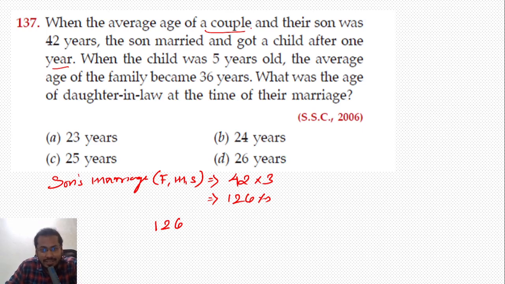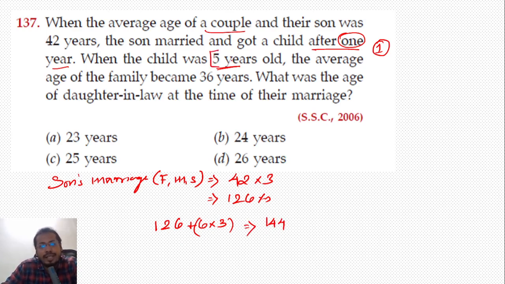Before that 5 years, 1 year, the child was born. Okay, one year, child after 1 year. So 1 plus 5 is 6. Okay, so into 6. 6 into 3. Inside that there are 3 persons. So up to when the child got 5 years, I am going to find out what it would have been. Okay, so 6 into 3 is 18. 18 plus 126 is what? 144. Okay? This is up to the data given.